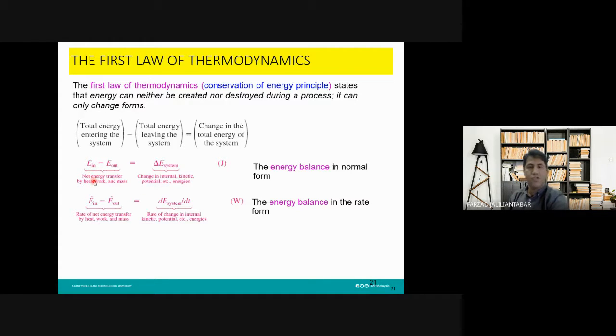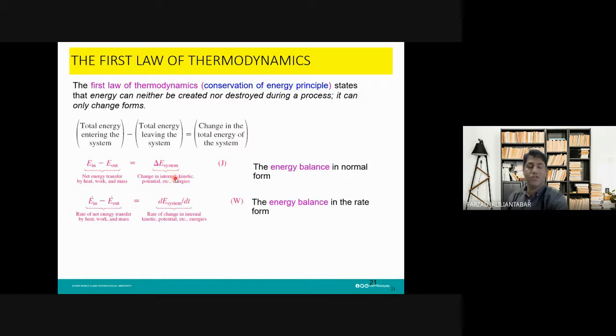This energy which comes to the system or goes out from the system can be in different forms, like heat, work, or mass. So energy can come to the system or go out from the system in the form of heat, work, or even mass.